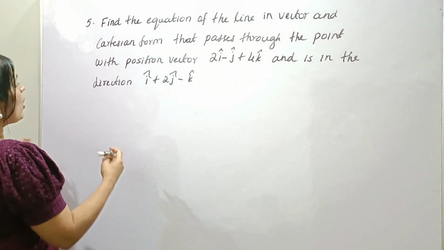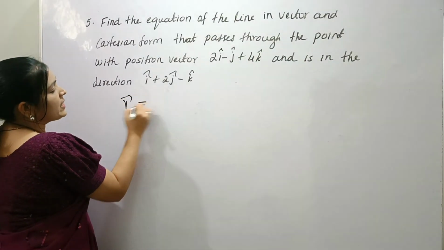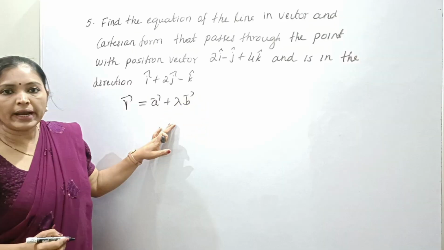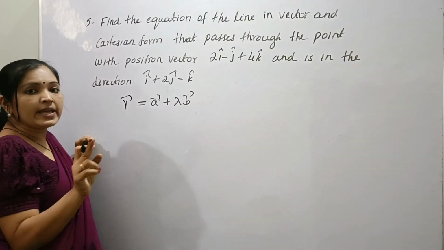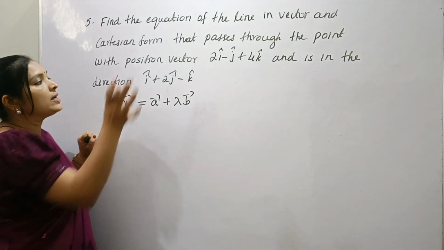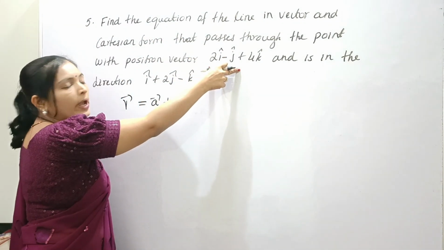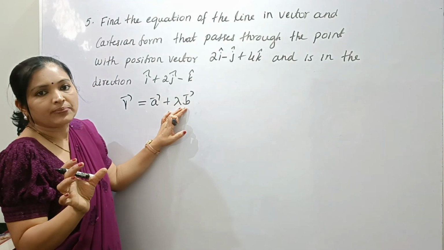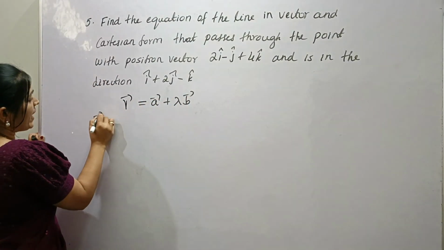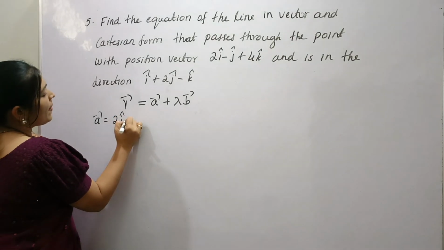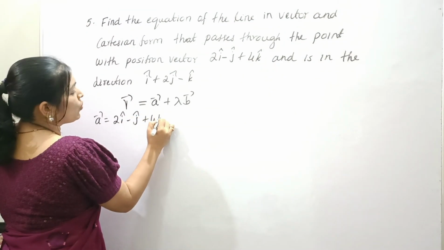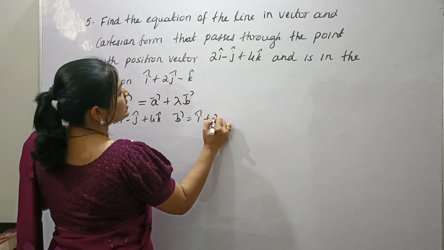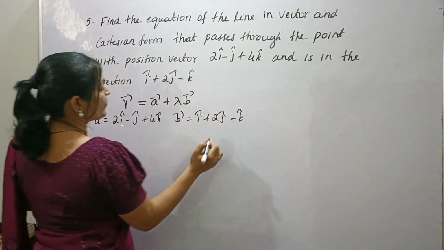The vector equation of a line is vector r equal to vector a plus lambda vector b. Vector a is the position vector of a point, which is given here, and vector b is nothing but the parallel vector. So vector a is equal to 2i − j + 4k and vector b is equal to i + 2j − k.